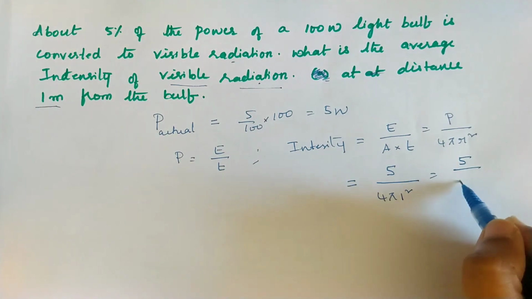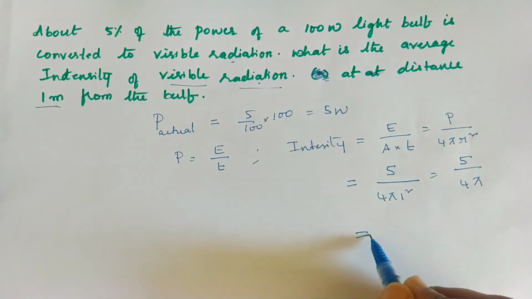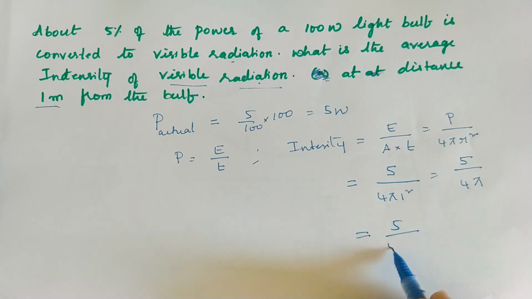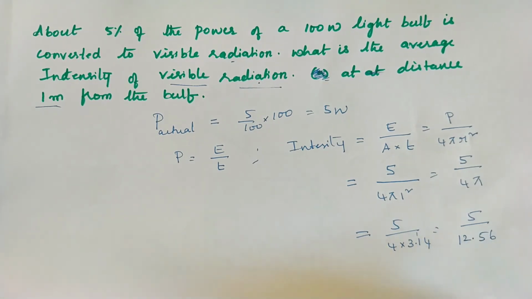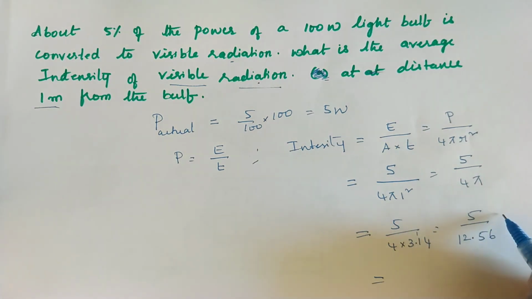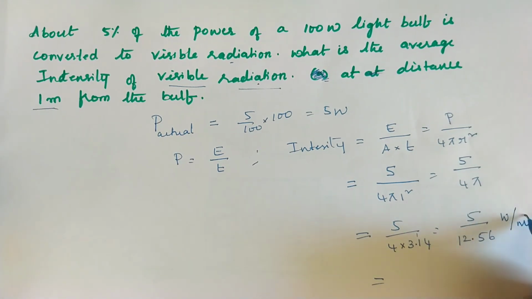So the answer is 5 by 4 pi. If you want to further simplify it, you can write 5 by 4 into 3.14, which is 5 by 12.56. Simplify this relation to get the intensity in watt per meter square.